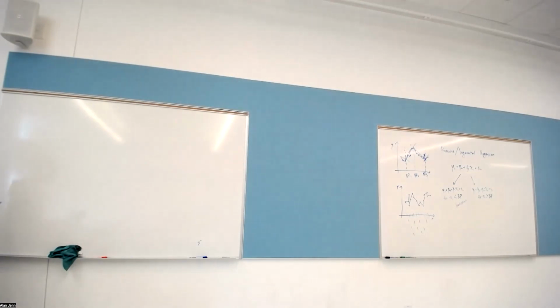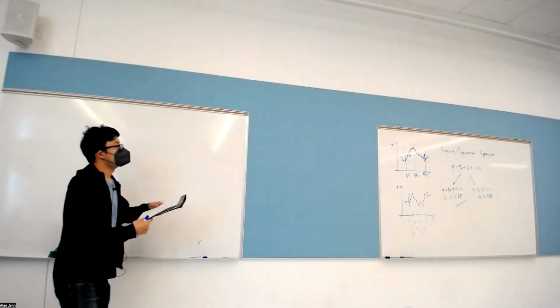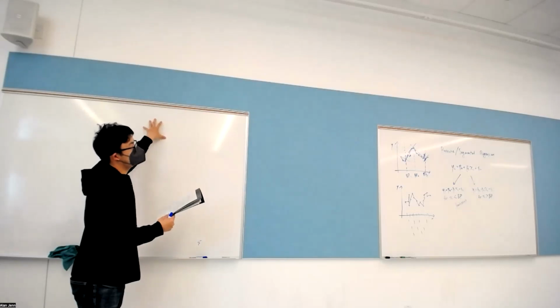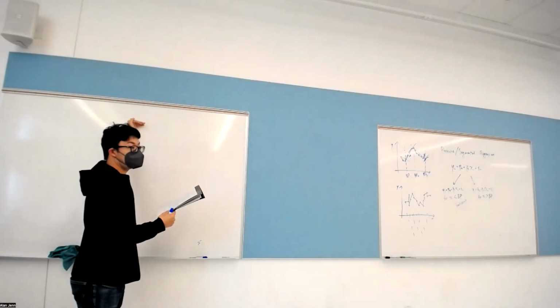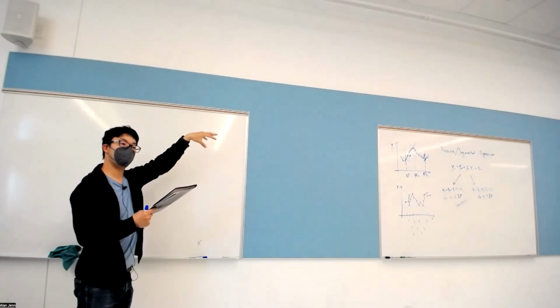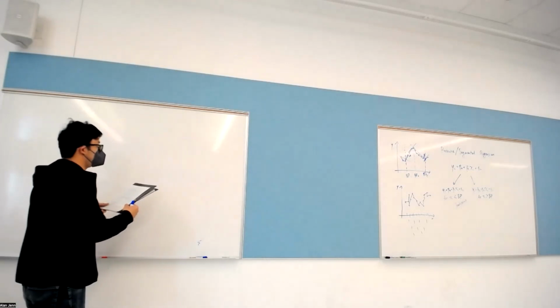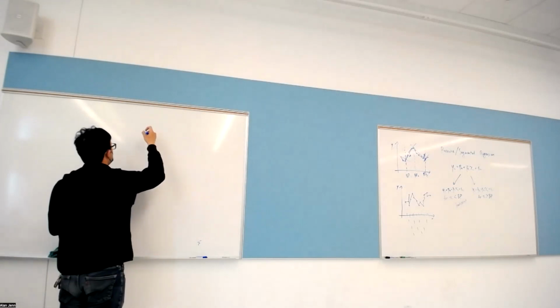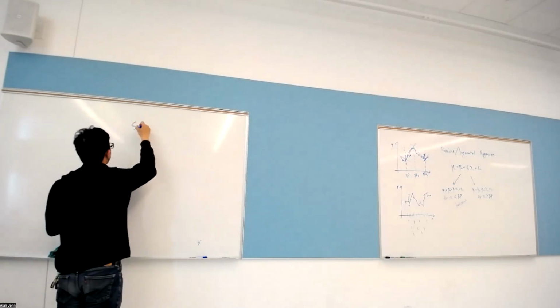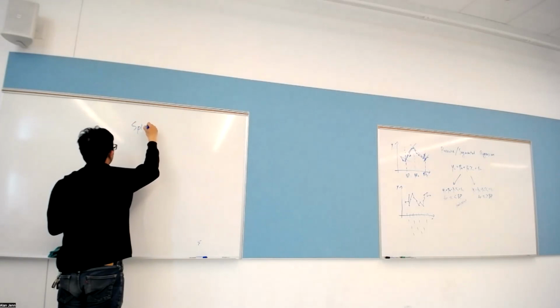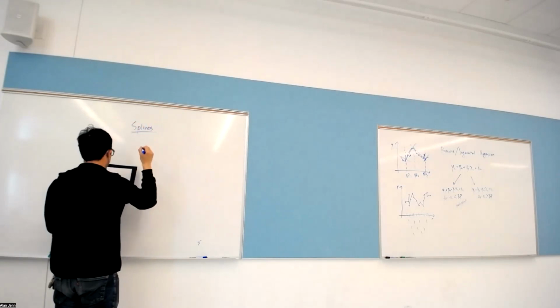So what happens? Okay, I just erased it, but we had polynomial regression here, piecewise regression. What about if we combine those? So the combination of these guys are known as splines.